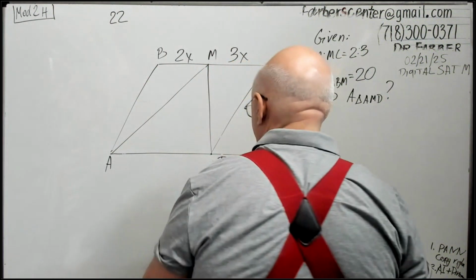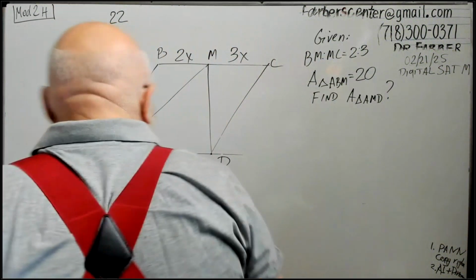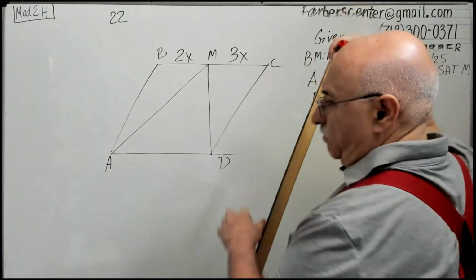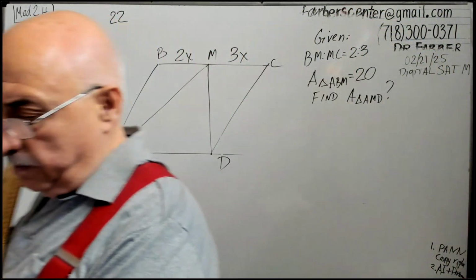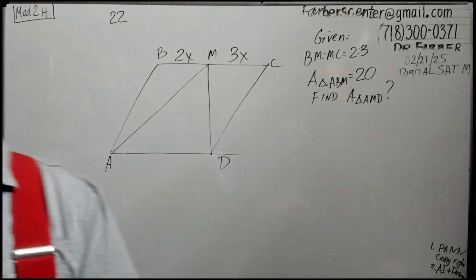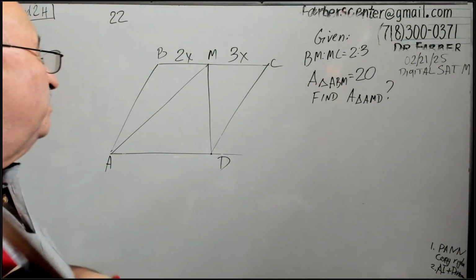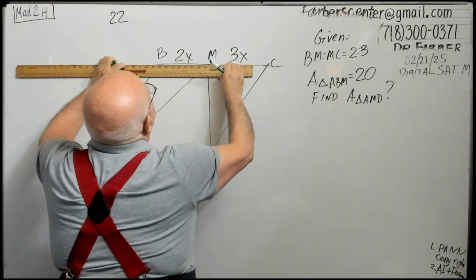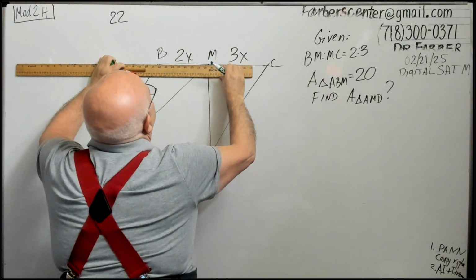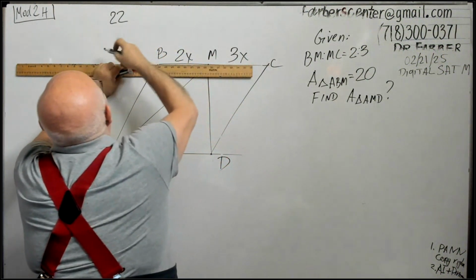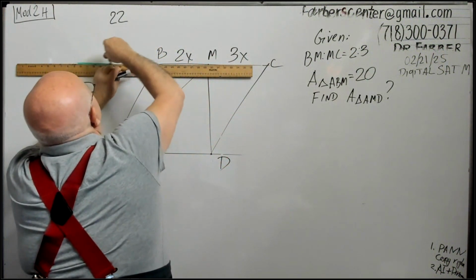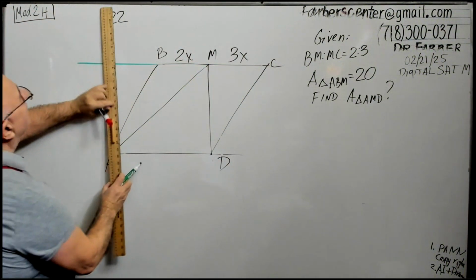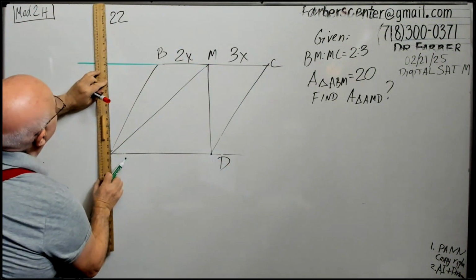Okay. Let me make extra lines here. I take a different color. For instance, I continue this one. Why? Because this is an obtuse triangle. To find the area of an obtuse triangle, you have to extend this side, and from this point, make a perpendicular to it.